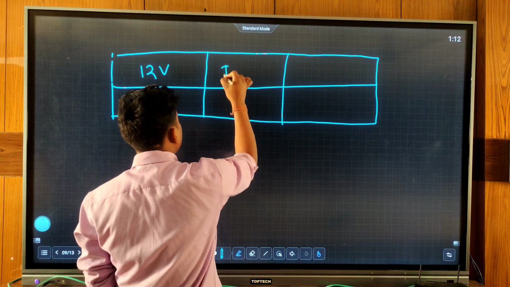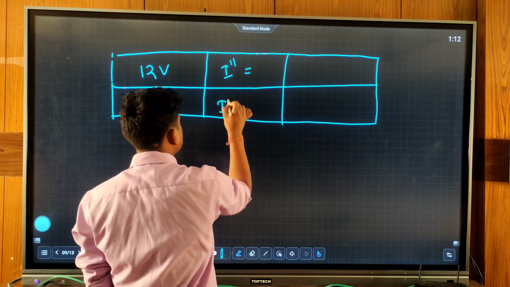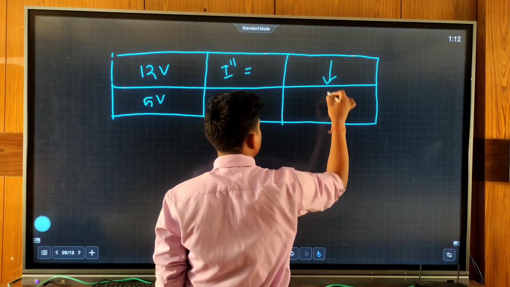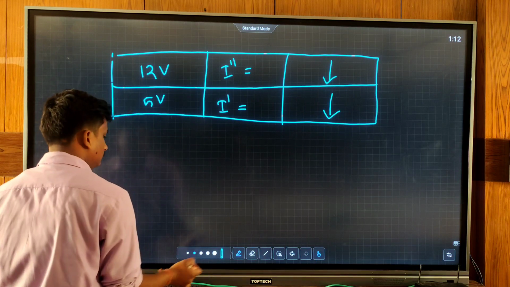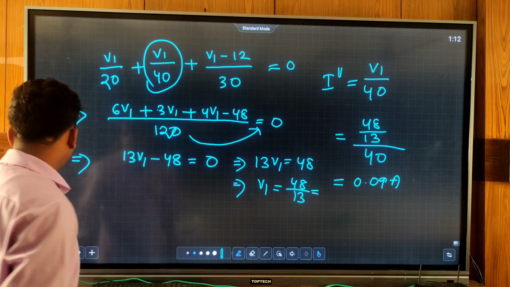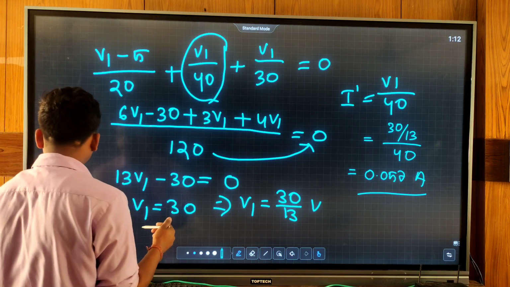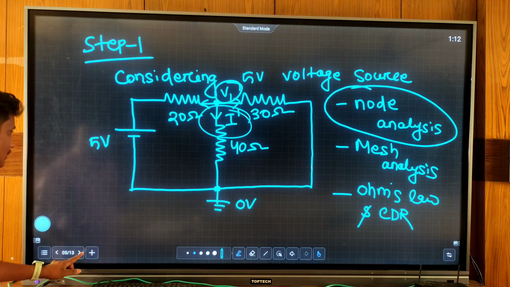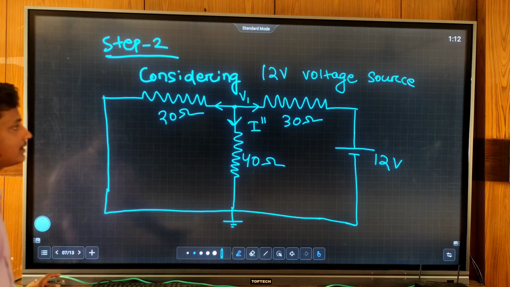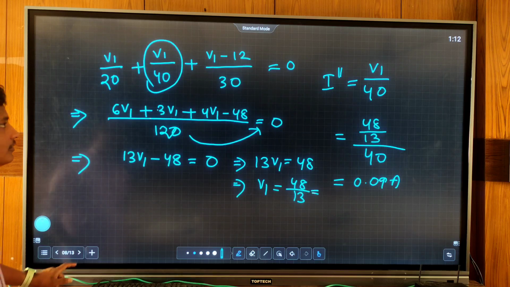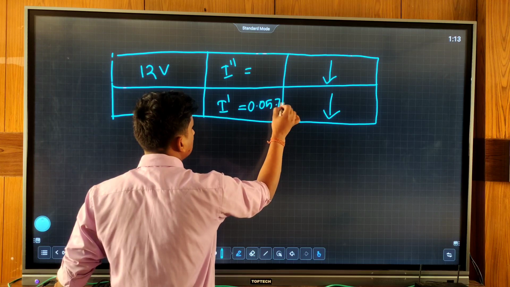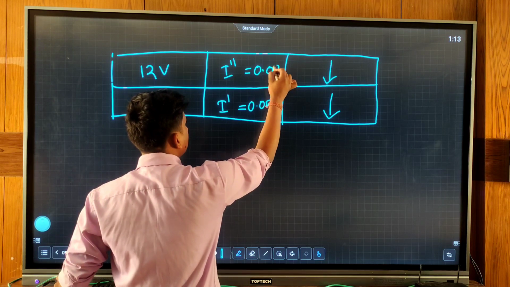Then current values I double dash and I dash, and here you can put direction. In both circuits, the direction is downward. I dash is in downward direction, and I double dash is also in downward direction. So my I dash value is 0.057, just write it here, and I double dash is 0.09.